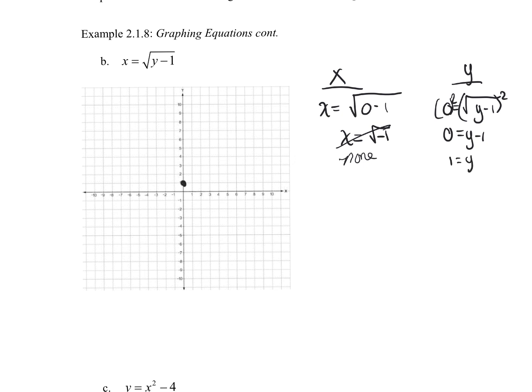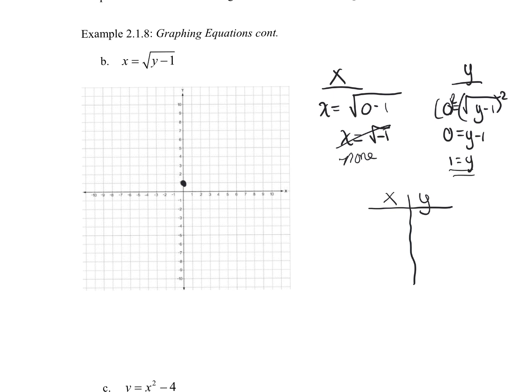And then we are going to plug some things in. So normally you can make a table or plug things in. And honestly, normally we plug things in for x. But if you look, since the x is by itself, it's probably easier to plug things in for y and then solve for x. So something that I can take the square root of, I already have the y value of 1.